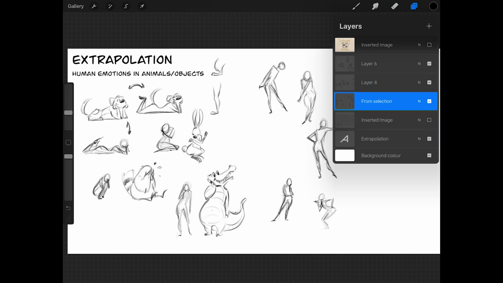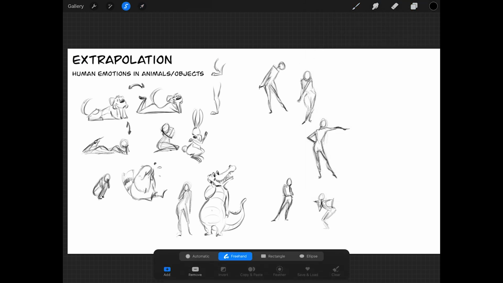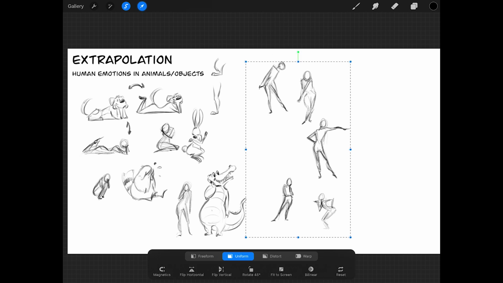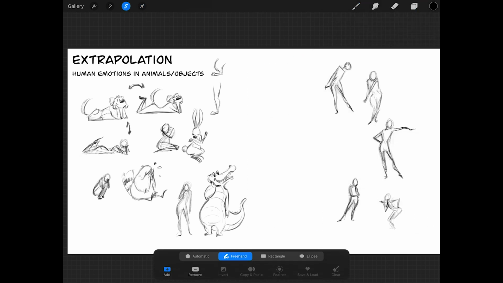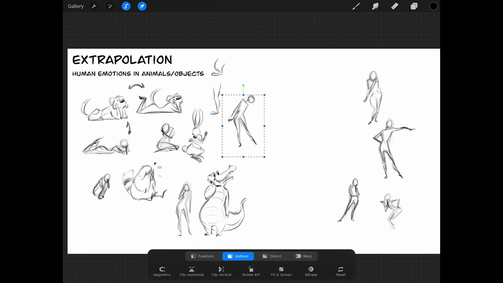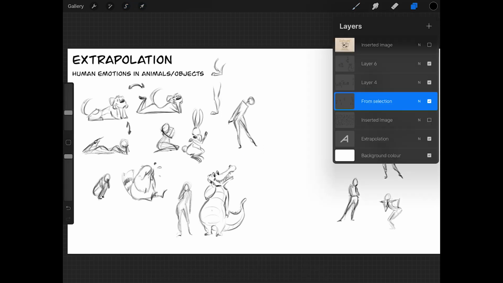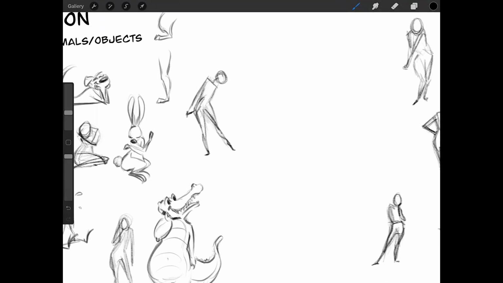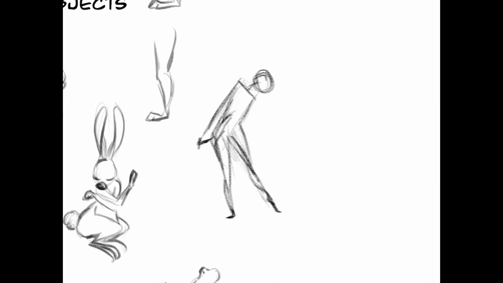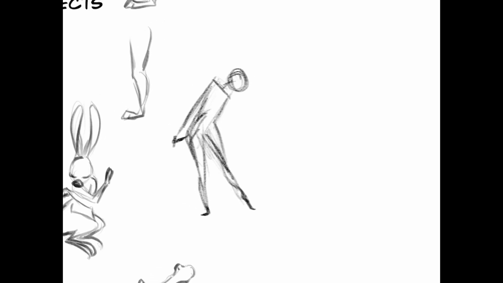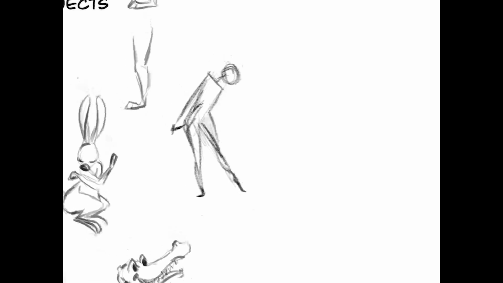Okay, I'm just gonna move some of these so there's more space. Now this one is again, I think, a little bit shy. So let's try and take it to the next level.